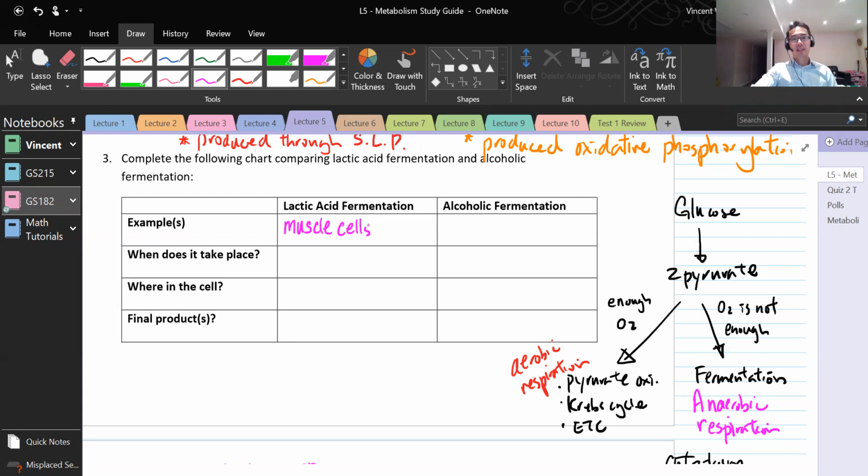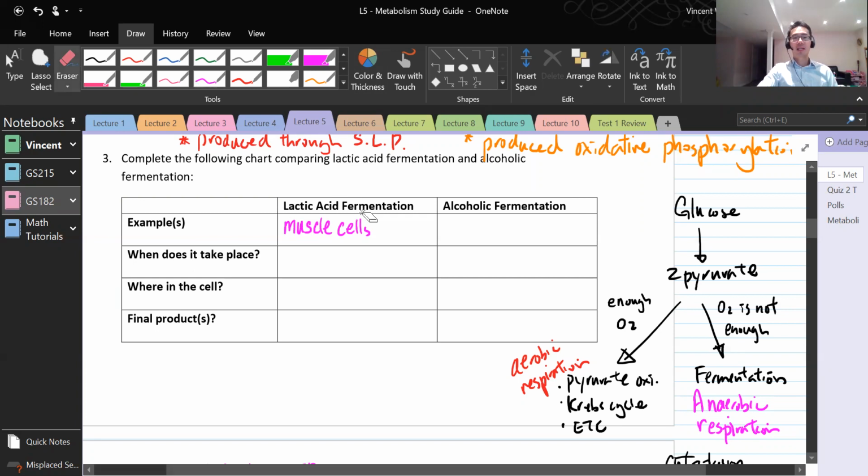That burning sensation is a message that your muscle cell is telling you, hey, we are running on fermentation right now. You're not supplying enough oxygen, so we're going to switch to fermentation. Essentially, it happens when O2 demand exceeds O2 supply.